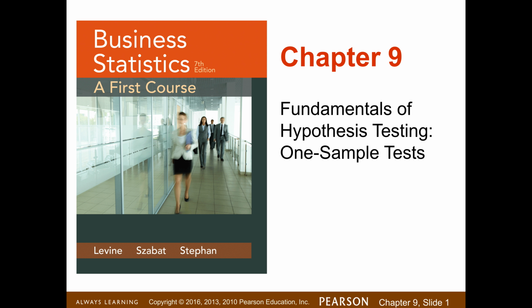this week, or at least in this set of videos, we're going to look at one sample hypothesis testing. Next, we get into two sample hypothesis testing. Then we get into ANOVA, analysis of variance, which is also hypothesis testing, followed by linear regression, multiple regression, which is also hypothesis testing.